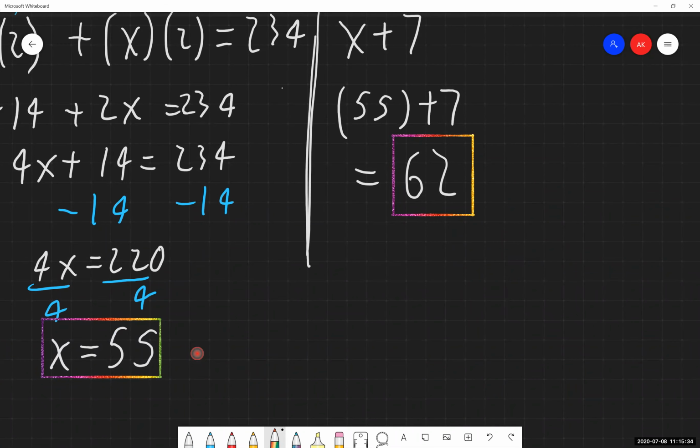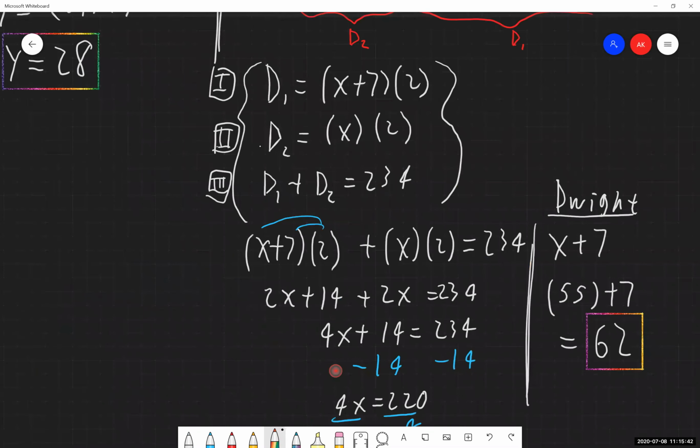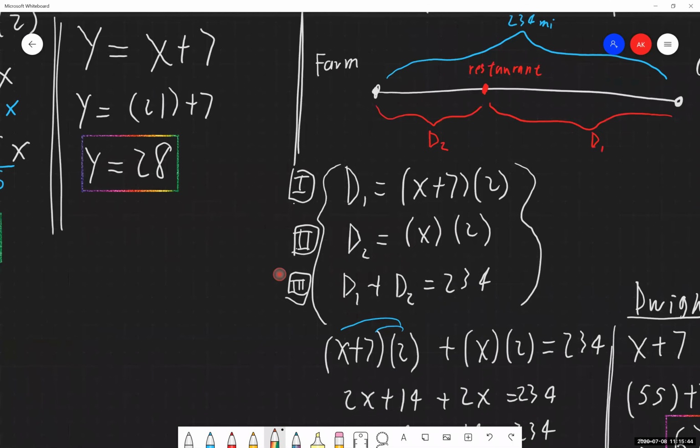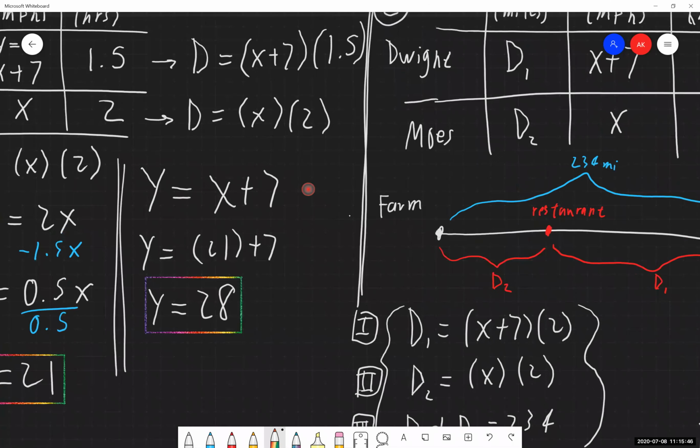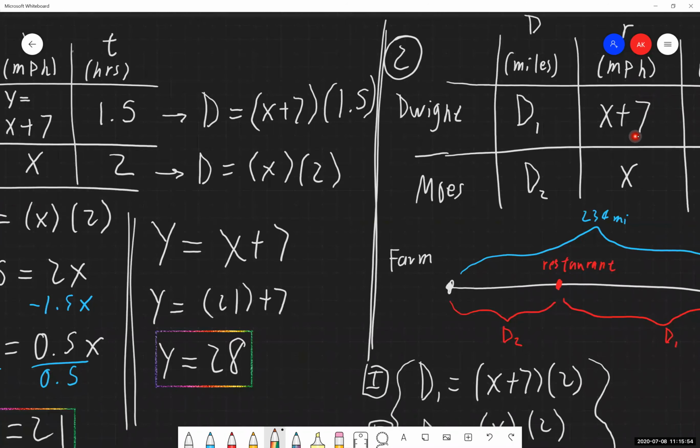So again, I want to emphasize this because I've had some people ask about this in the past, so I want to make it abundantly clear. When you are setting up these tables, you might be asking yourself, okay, in the first example, you set the rate to be y equals, and then added a bunch of stuff in. And in the second one, you didn't do that. You just went with the equation based on the other variable that we had here.